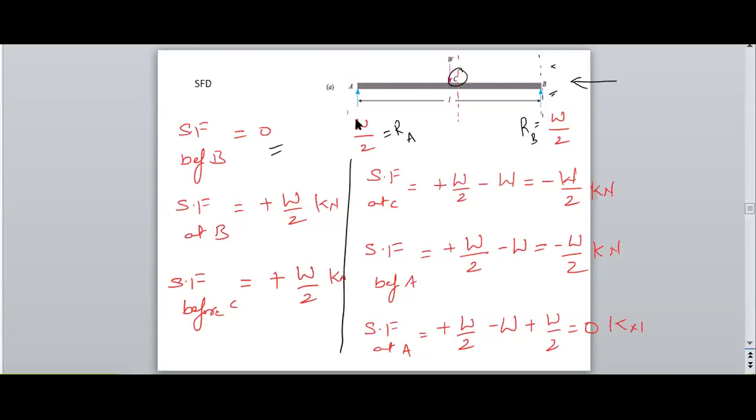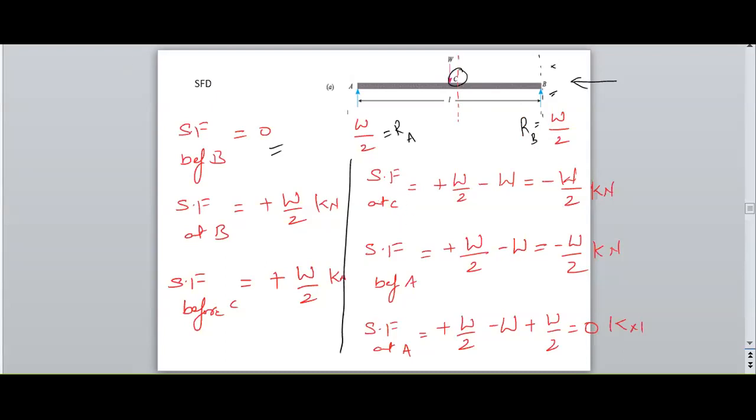Therefore, we are getting a positive W by 2 in kilonewtons.